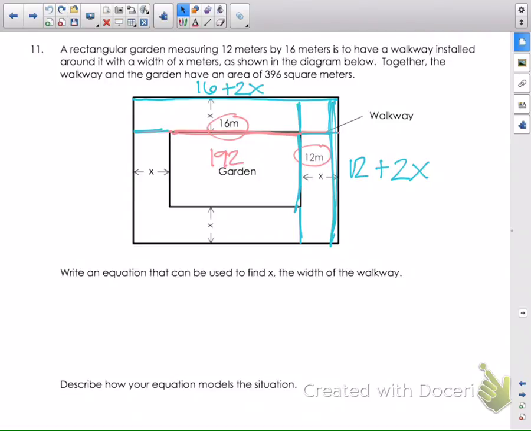What do I multiply together? I multiply 12 plus 2x times 16 plus 2x. Okay, so take a minute, and you can use this space down here to do the box or multiply that together. And then we're going to pause and check that together.